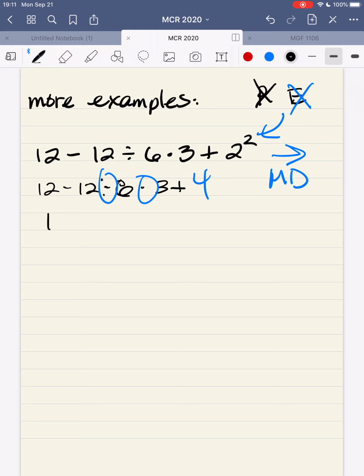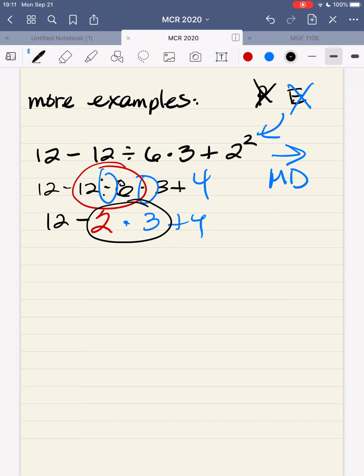Right? So my 12 and my minus stays. 12 divided by 6, which is my division because it came first, is 2. And then multiplied by 3 plus 4. Okay. Continuing on, I have a 2 times 3 here.